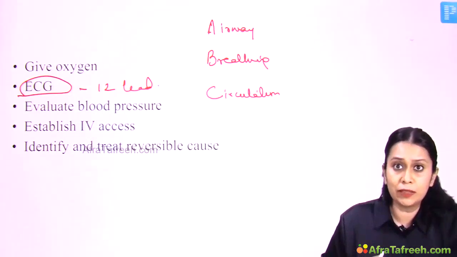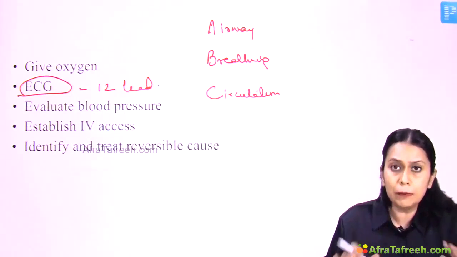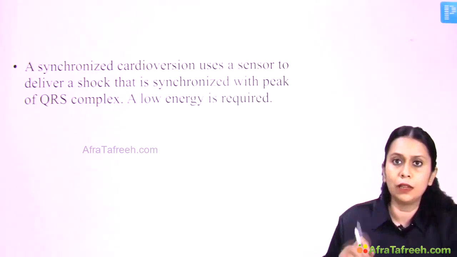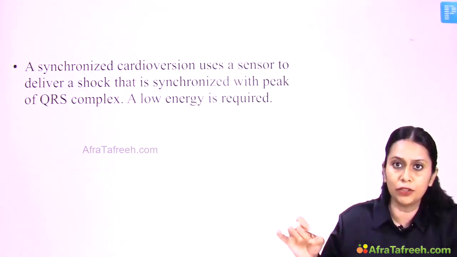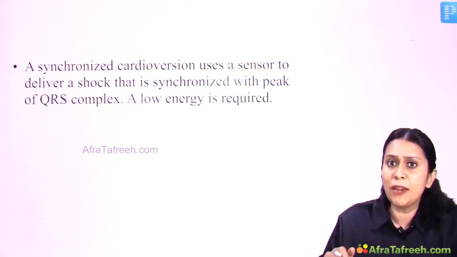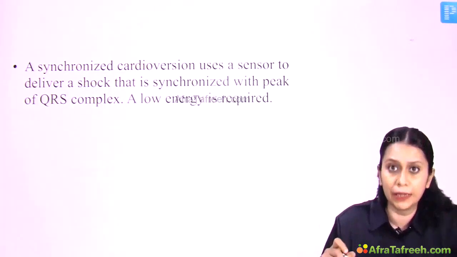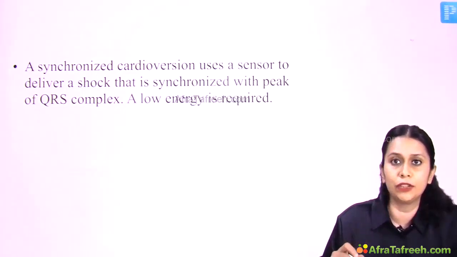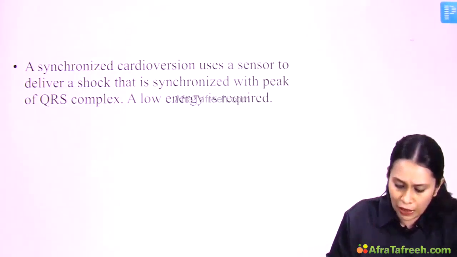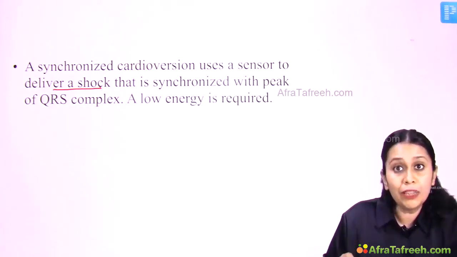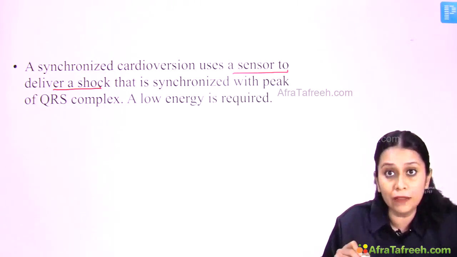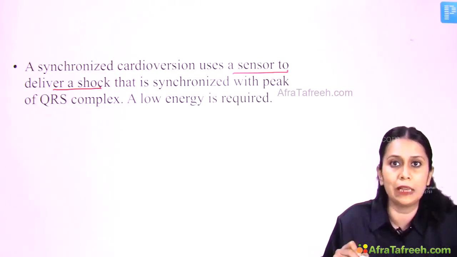And if the patient is unstable, I have to immediately do a synchronized cardioversion. When a patient is in cardiac arrest, we don't cardiovert, we defibrillate. We give an unsynchronized shock. But here we are doing a cardioversion. That is, we are delivering a shock by using a sensor that synchronizes delivery of that shock during the peak of the QRS complex.